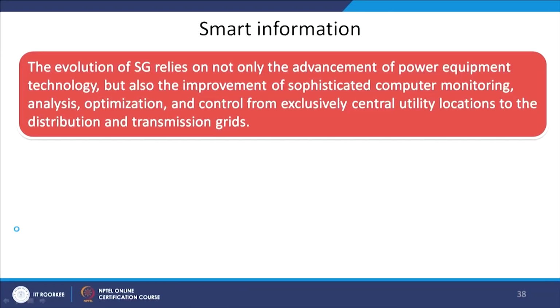To achieve that, we need to have smart information. Now, what is smart information? The evolution of the smart grid relies not only on the advancement of power equipment technology, but also on the improvement of sophisticated computer monitoring, analysis, optimization and control, from exclusively central utility locations to the distribution and transmission grid.